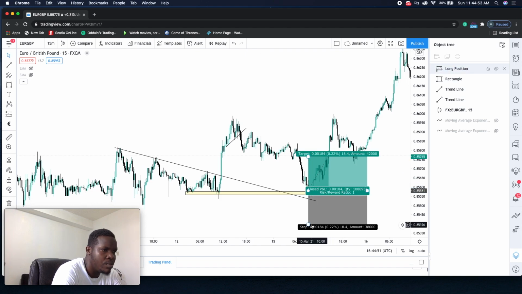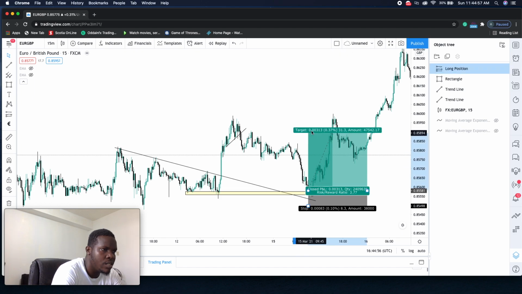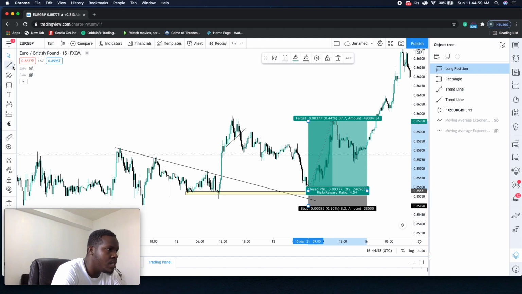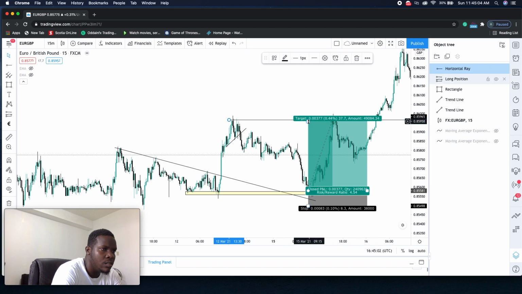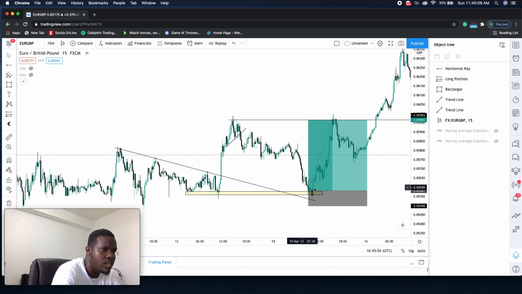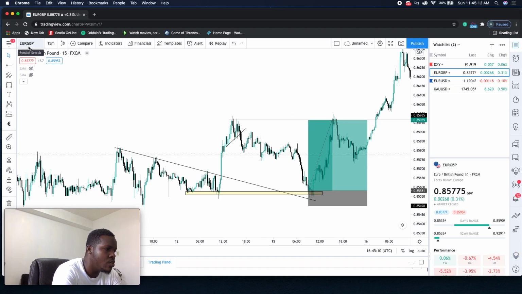I personally took this buy and I also sent it to the signal group, and actually came out of this buy right here at this resistance level. So this was a nice call on Euro GBP. I hope that you guys made some money from both the sell and the buy. I didn't actually place any trades based on the other analysis because I was just focusing on Euro GBP.